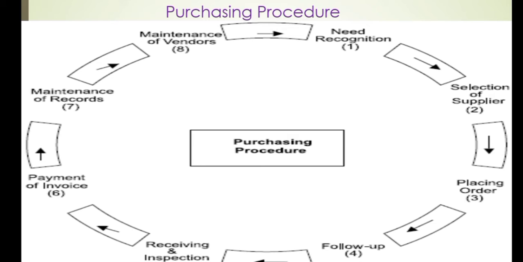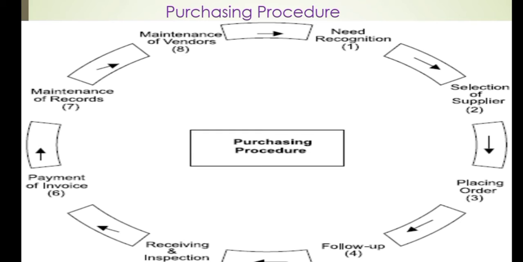The purchasing procedure comprises these steps: need recognition, selection of supplier, placing order, follow up, receiving and inspection, payment of invoice, maintenance of records, maintenance of vendor relations. Let's see one by one.